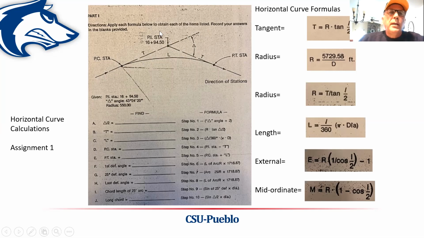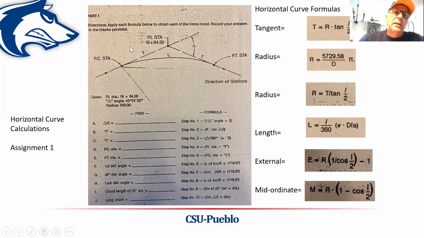You will notice right here that we have the station of the PI, which is the point of intersection. The point of intersection means where the two lines intersect. Since we have the station of that, we can then use that information to calculate the stations of the other necessary components within the curve.